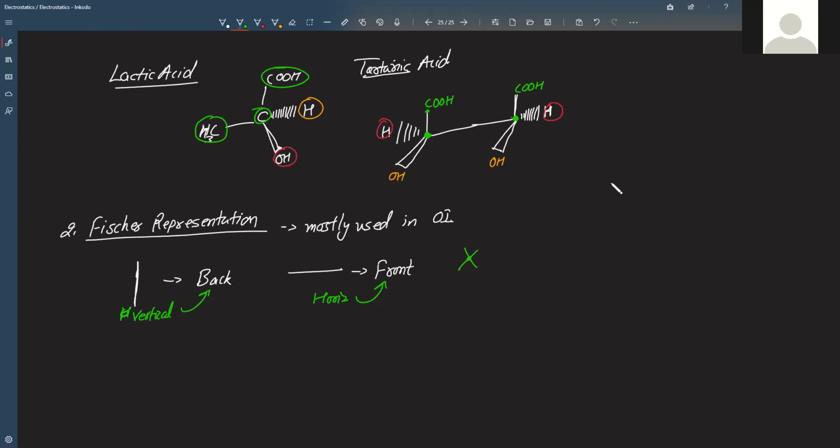So this is the point of intersection, and that means these are in the plane. Whatever atom is there, that is actually in the plane.